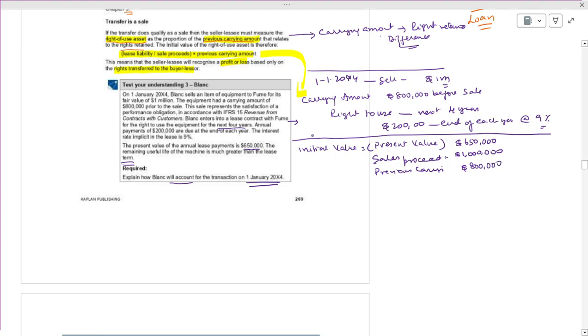Now you will put that into the lease liability.